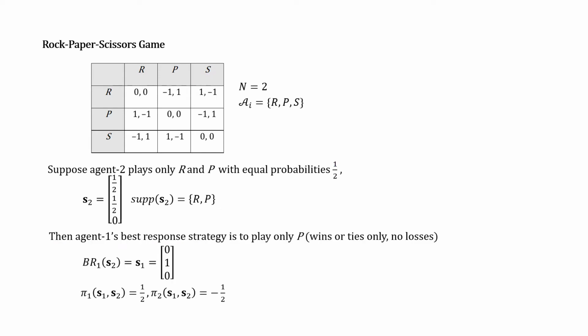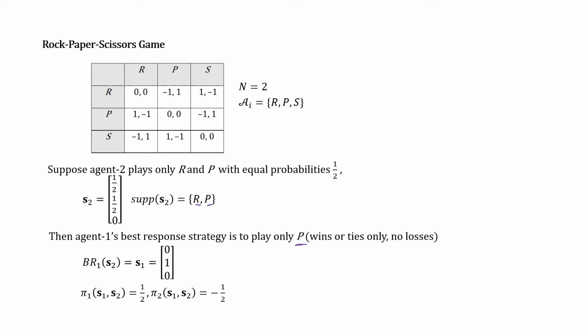It can easily be seen that agent 1's best response is to play paper only, because if agent 2 plays rock, then agent 1 wins, and if agent 2 plays paper, then it's a tie.